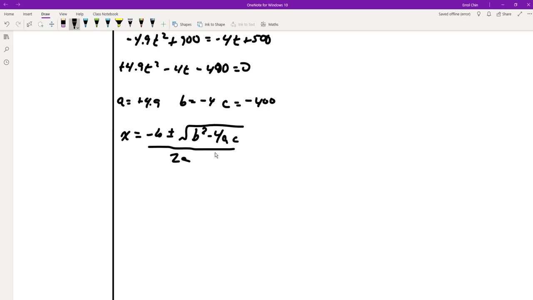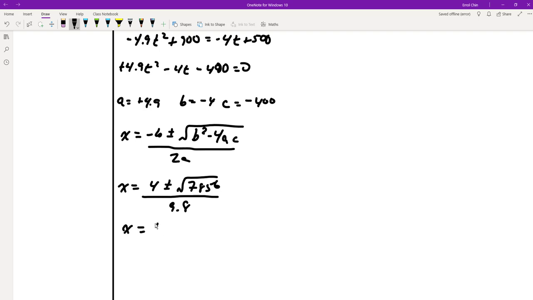Alright, I'm not going to bother showing you the work, but it works out to x is equal to 4 plus or minus the square root of 7856 all over 9.8.